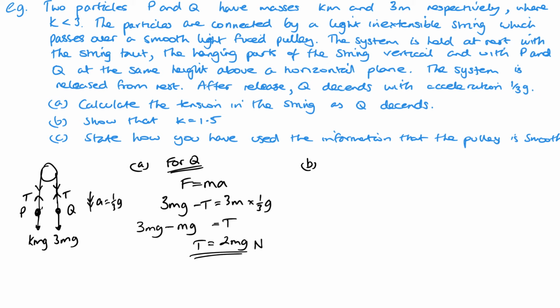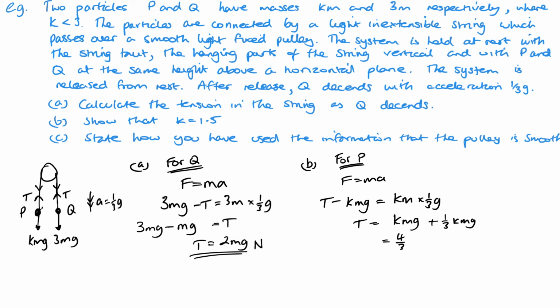Part B, show that K equals 1.5. So let's look at what's happening at P there. F equals ma. This time it's moving upwards. If Q's moving down, then P is obviously moving upwards, so T is going to be larger than Kmg. And then the mass is Km times our 1/3 g for acceleration. So T equals Kmg plus 1/3 Kmg.